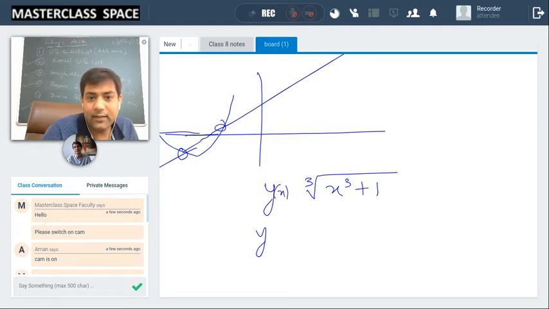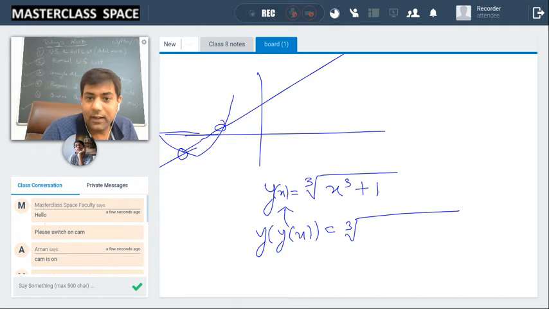If I have to substitute y of x in place of x, then what is it going to be, my friend? In place of x, you will put y.